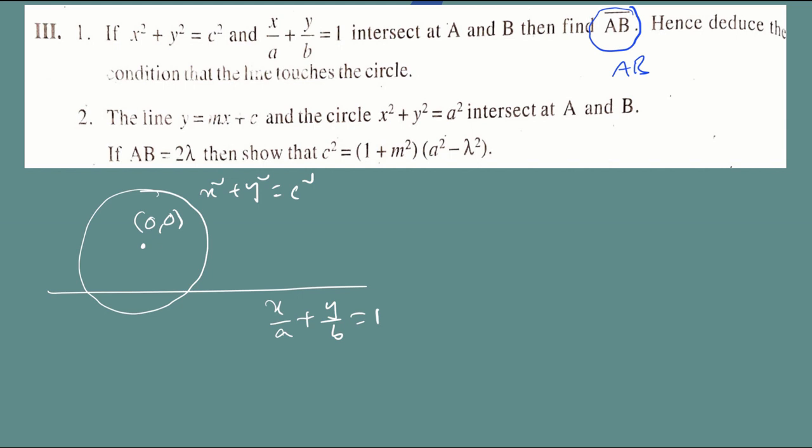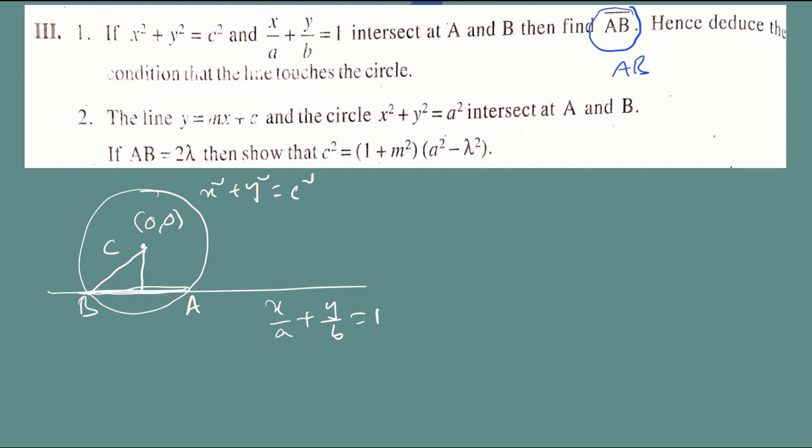Now he said that this is intersecting the circle at the points A and B. Now you have to find AB, which is nothing but the length of the intercept made by the circle on the line. So once again we do the same thing the way we have done in the previous problem. You see, radius is c. I'm going for the distance from the center to the line.